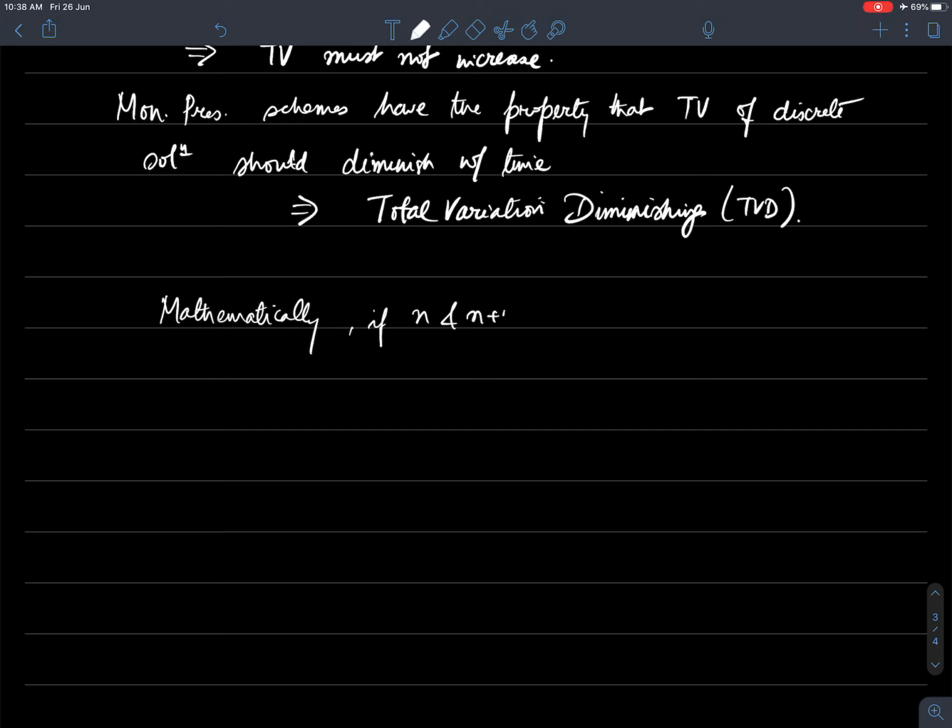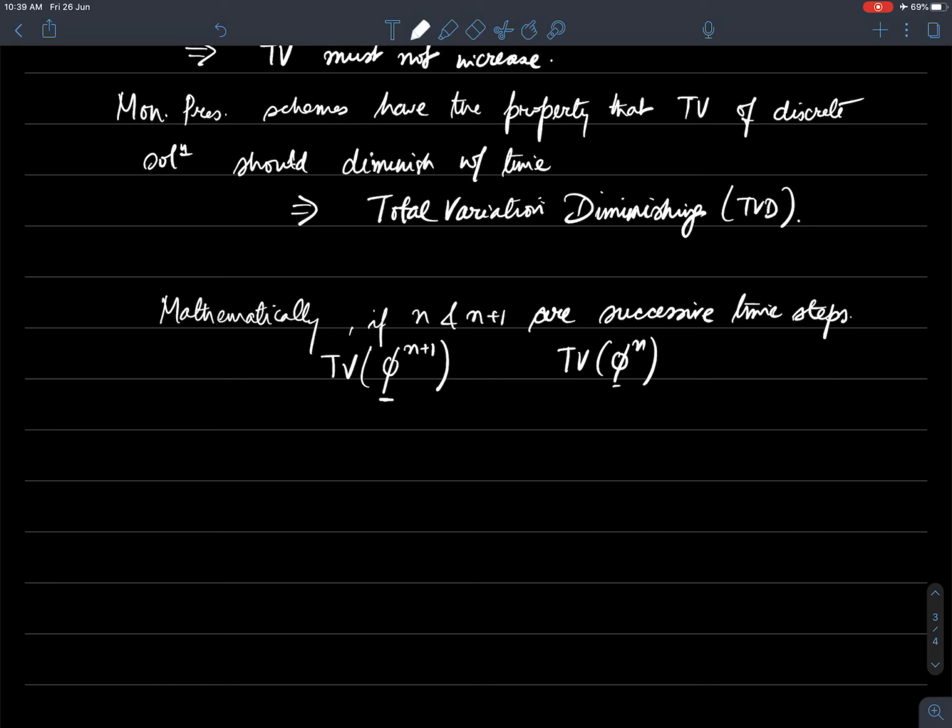Mathematically, let's say if n and n plus 1 are successive time steps in the solution process. These are discrete time steps or discrete instances when the solution is being obtained. Then what we mean as the total variation of the variable phi, and I'm saying phi here as a vector basically, is this: the total variation of the vector phi at n plus 1, compared with the total variation of the same function phi at n.